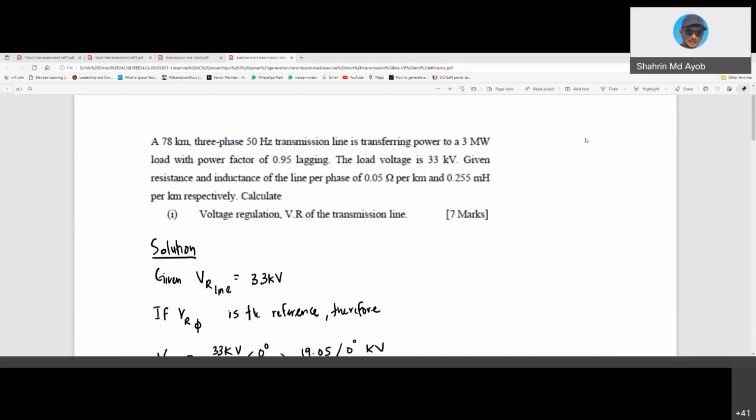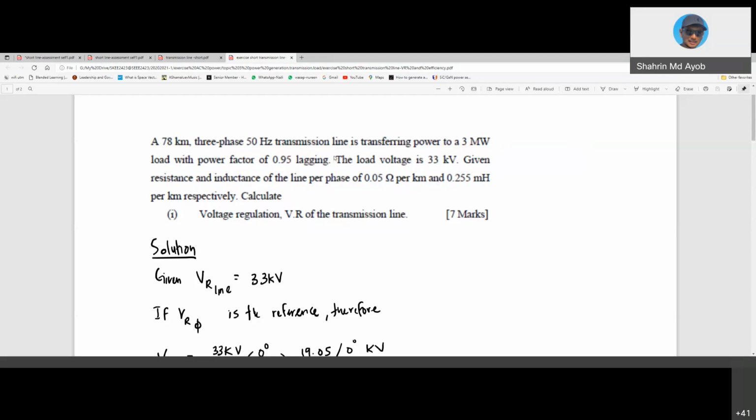Okay, so we resume our class. This is also an example of a short transmission line. A 78 kilometer, three phase, 50 hertz transmission line is transferring power to a 3 megawatt load with power factor of 0.95 lagging.